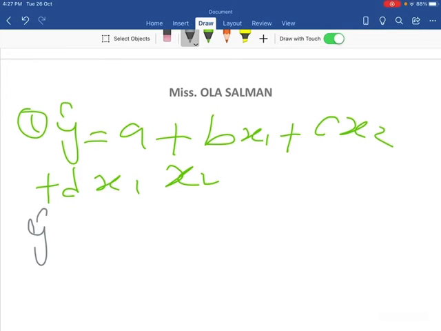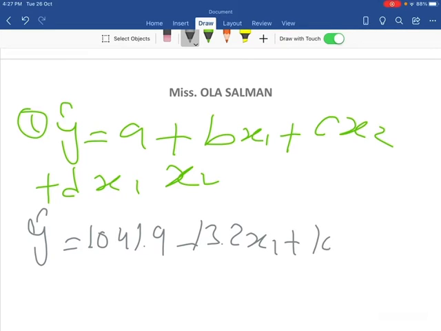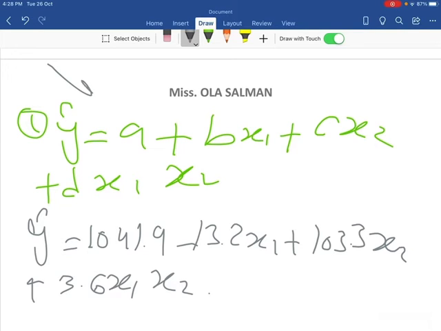So you can write y hat equal 104.9 minus 13.2 x1 plus 103.3 x2 plus 3.6 x1 x2. So these numbers are from the output. This is how you write the least squares reduction equation. This is the equation for the interaction, and this is what you substitute in it with the numbers in the exercise.